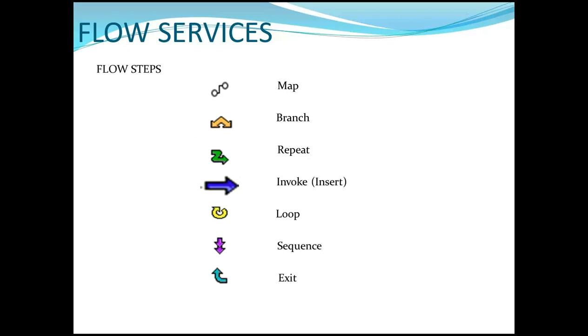In webMethods, if you see 1000 lines of code, we'll be using only these 7. Clear? We'll see them one by one. I already showed this map and then invoke. This map we have seen, like mapping input and output, right?